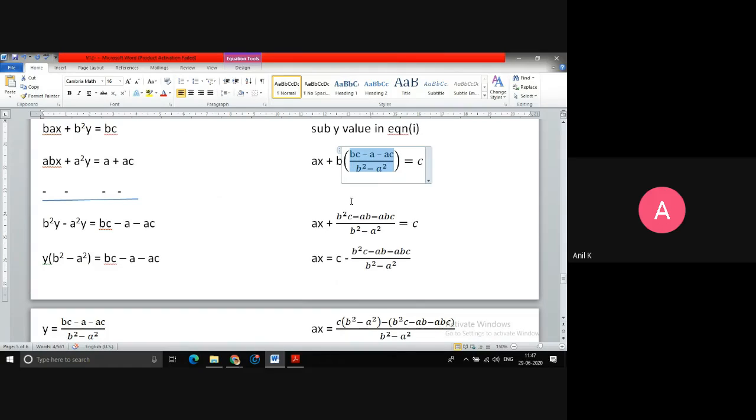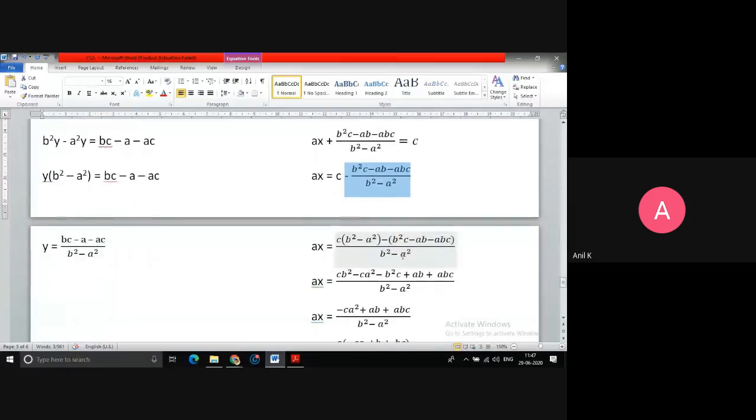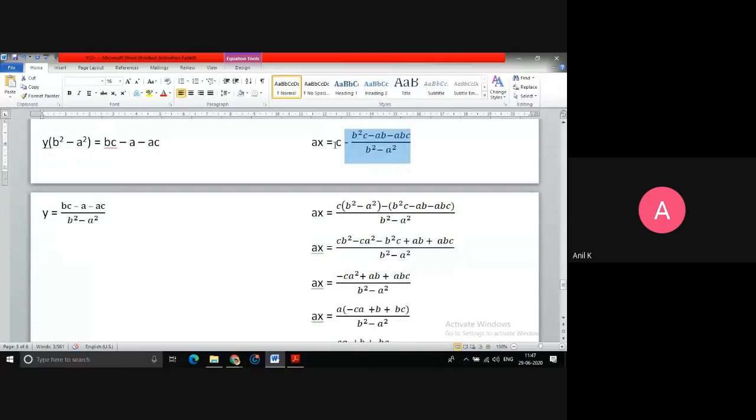So b into bc will be b square c, b into a is ab, b into ac will be bac, which I have written as abc, upon b square minus a square. Now I keep ax on the after-equality side only, and send this entire term, which is plus, to the other side. So it is going to be a minus term. So c minus this one.